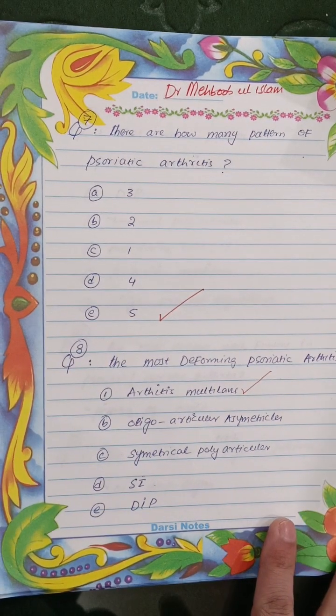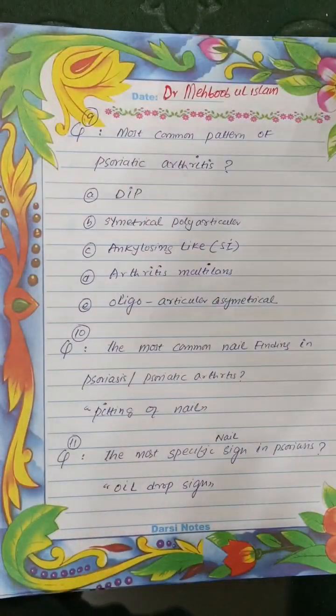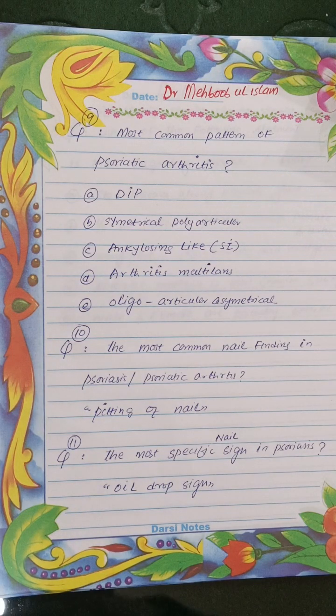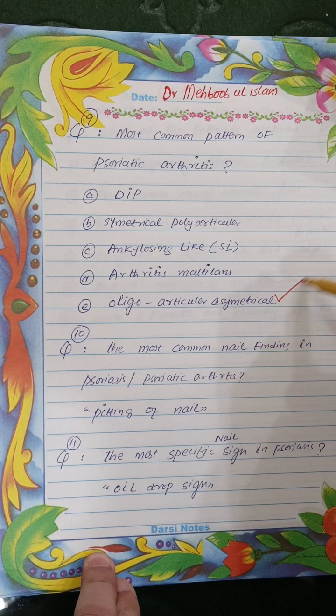This is the most severe and deforming arthritis. The most common pattern of psoriatic arthritis is the oligoarticular asymmetrical. So option E is the correct answer.